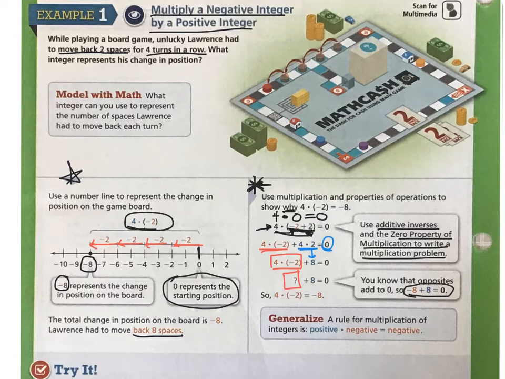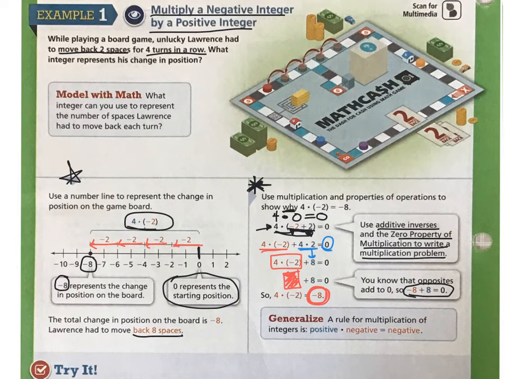We know that -8 and +8 make 0, so what goes in this red box has to be a -8. In other words, 4 times -2 is -8 in order to make that entire structure correct.